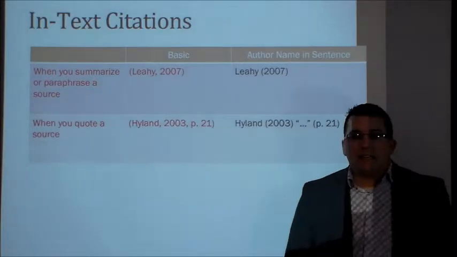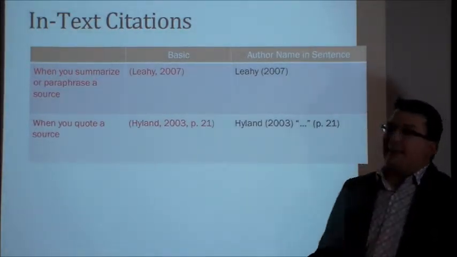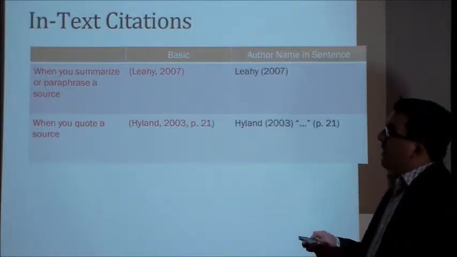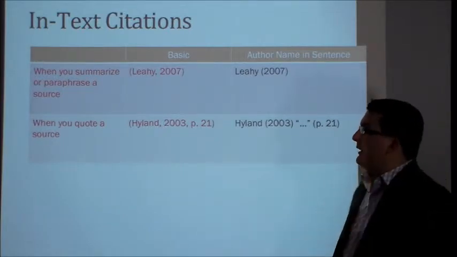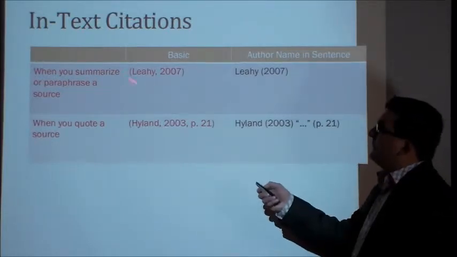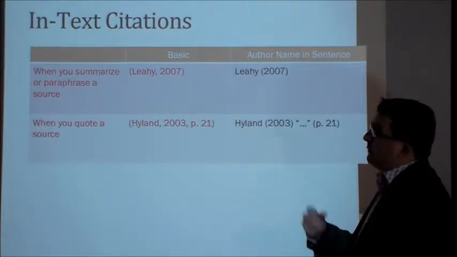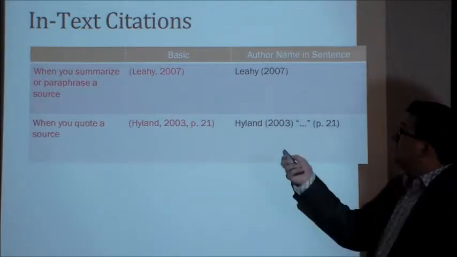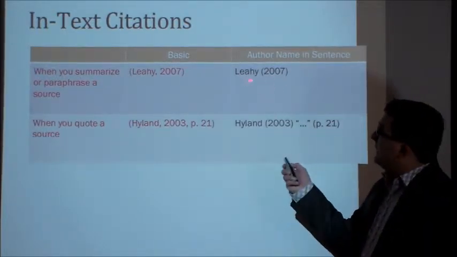Now, this is a handy-dandy little straightforward table on in-text citations, how they should be outlined, things like that. So what we're looking at here is your basics. When you summarize or paraphrase a source, your basic one that most of you are probably really used to using, you have your Leahy 2007, author's name in the sentence, boom, there's what your citation looks like, basic, for the in-sentence.